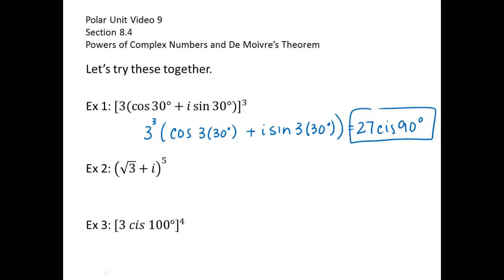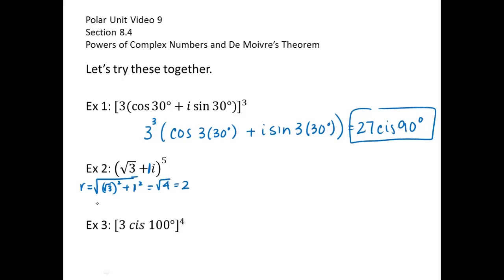Okay, now I've got one that's written in rectangular form. Problem with that is I would have to write this out 5 times to multiply it. And then I'd have a whole bunch of distribution to take care of. So rather than do that, let's go ahead and convert it to polar form, and then we'll have no problem doing this. So I'm going to find my r value first by taking the square root of 3 squared plus 1 squared, which is the square root of 4, or 2.